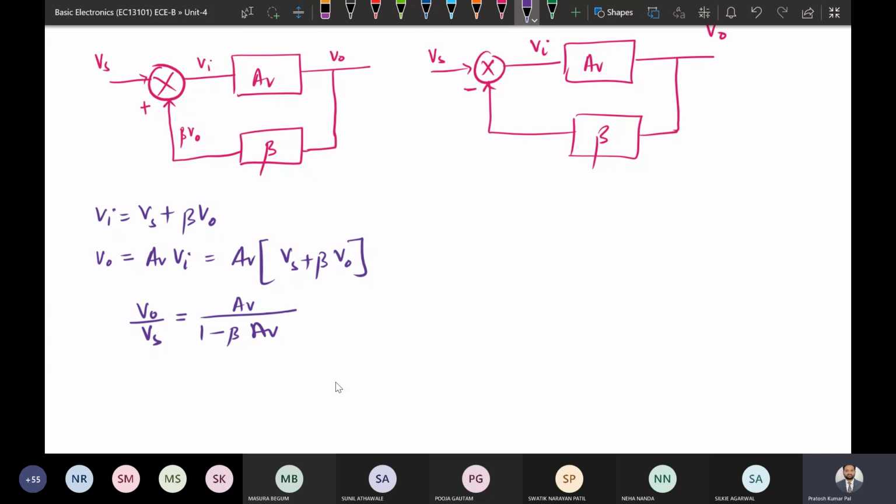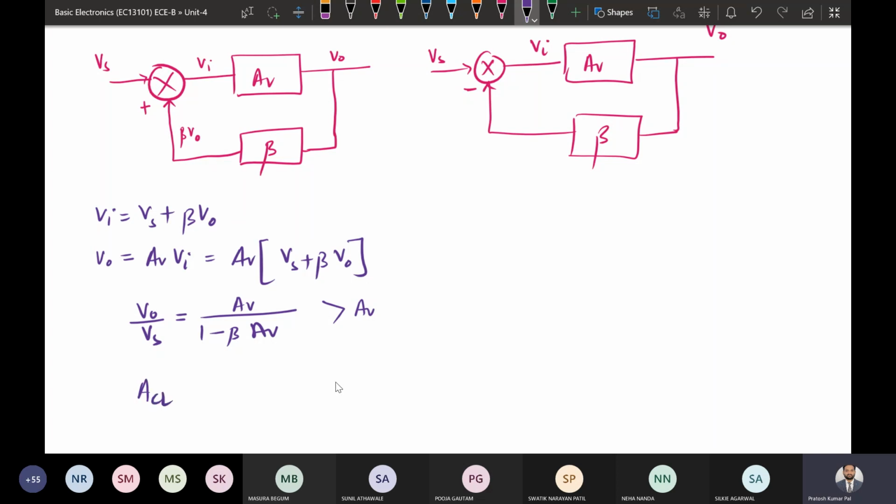If we are dividing AV by something less than 1, the value will be greater than AV.